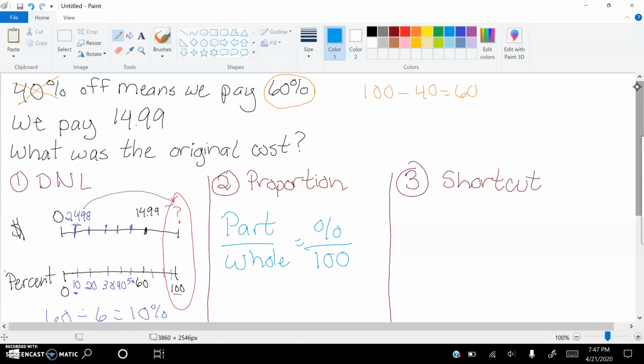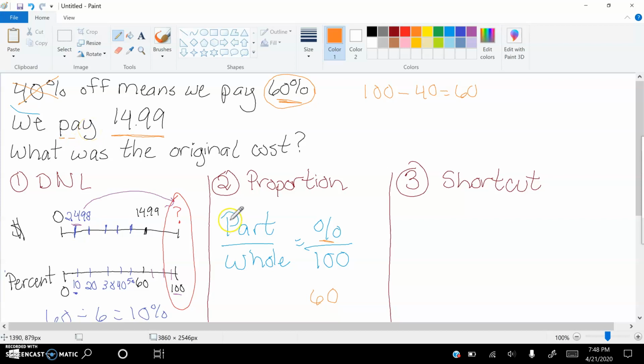We have a percent, and remember, we're not using the 40, we're using 60. So this is the number we're going to use for our percent. So I'm going to fill in my 60. And then we have 14.99. This is how much we pay, which is 60% of the cost.